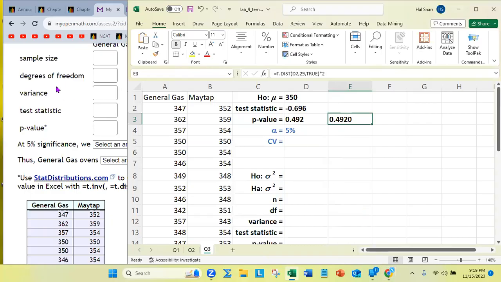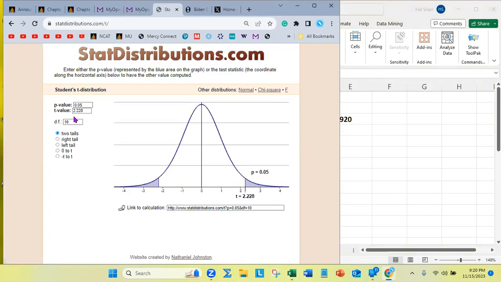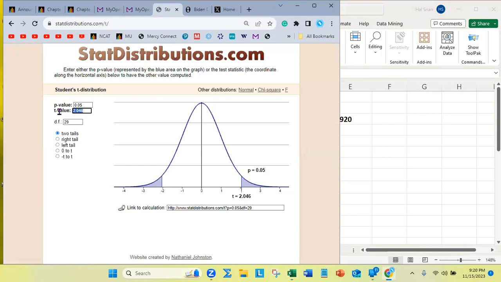So let me open up statdistributions.com. We'll go back to the t distribution, Student t. And our degrees of freedom were, again, 29 because we had 30 in our sample, right? And our test statistic was negative 0.696. So I'll copy that, put that in the t value. And it's a two-tailed test, right?